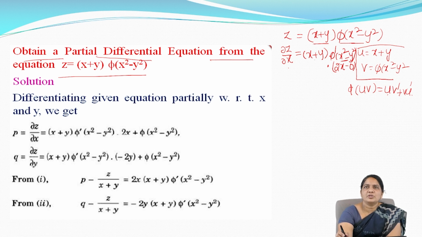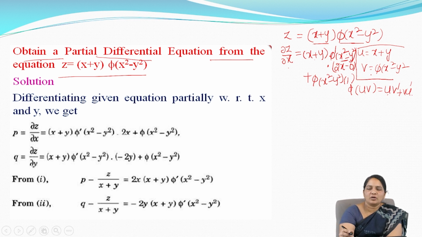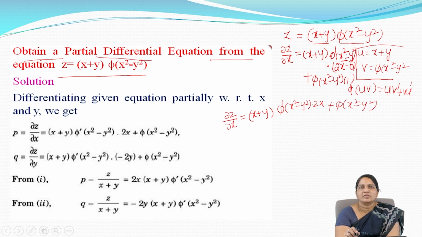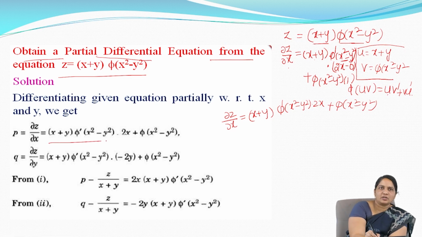Plus v into u dash: phi of x square minus y square into the derivative of x plus y, that is 1, and y is 0. So finally I got ∂z/∂x equal to (x plus y) into phi dash of (x square minus y square) into 2x plus phi of (x square minus y square).